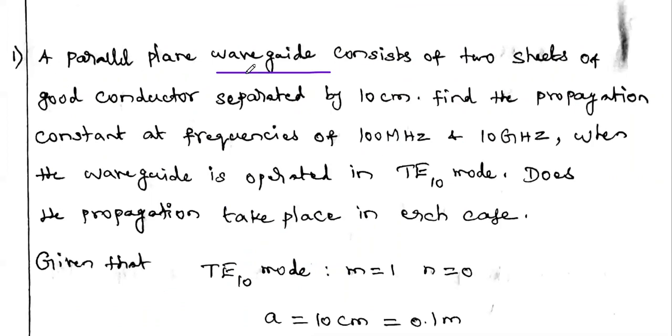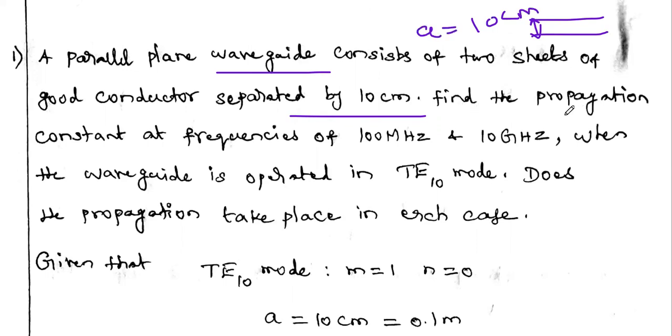A parallel plane waveguide consists of two sheets of good conductor separated by 10 centimeter. The separation between these two sheets is said to be a, so this 10 centimeter is a.